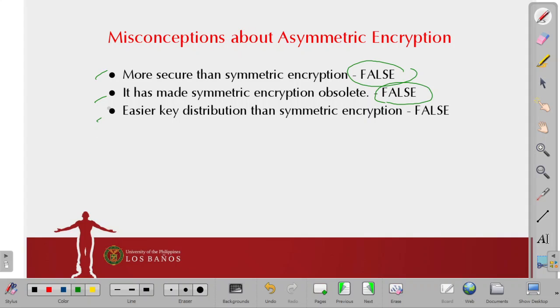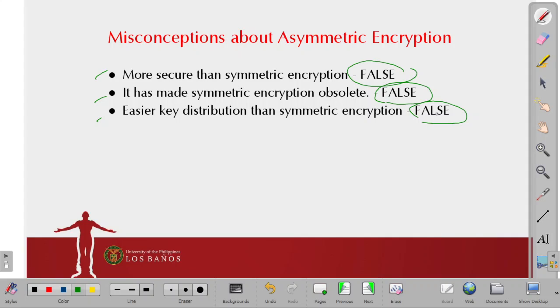Third misconception, easier key distribution than symmetric encryption, which is also false. Remember that in symmetric encryption, there should be a shared key between the sender and the receiver. And in asymmetric, we have a public key and a private key.